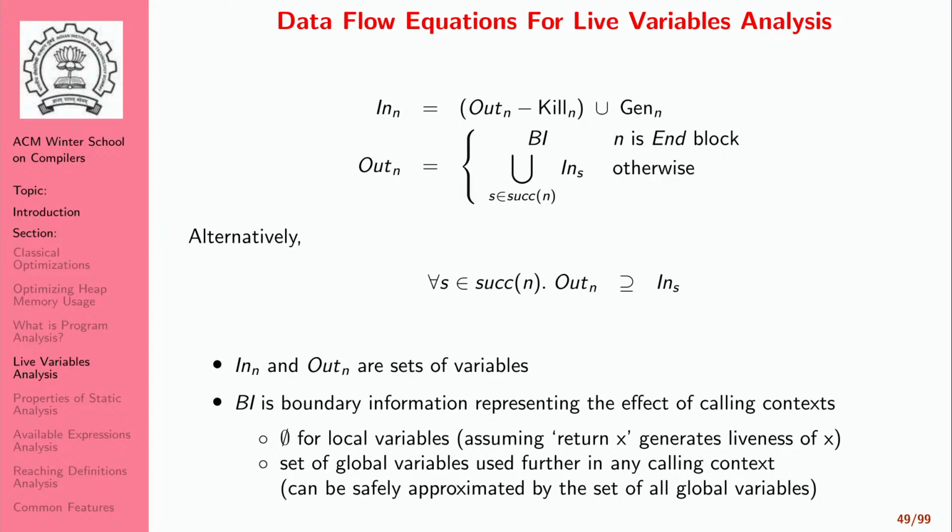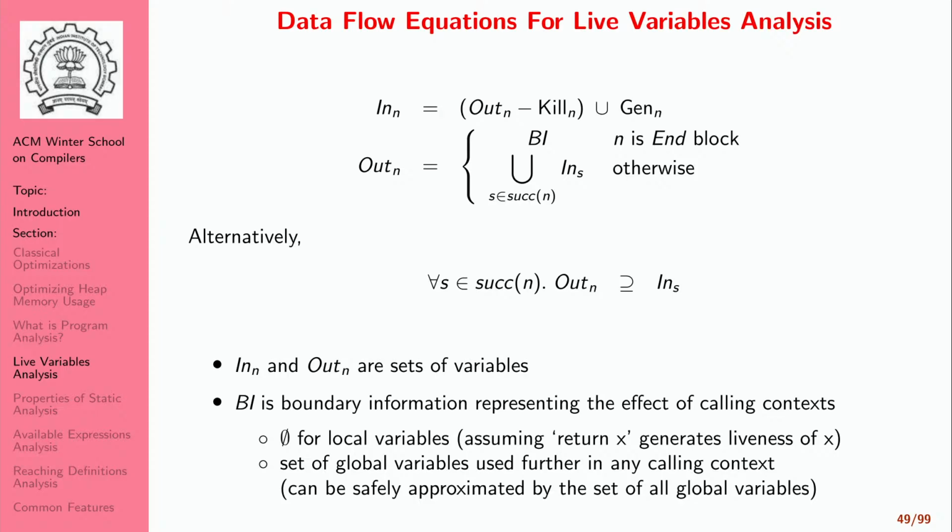This is just a system of linear simultaneous equations. Earlier you have solved equations like x is equal to y plus something, y is equal to x star something, and then you solve it. So you have done that. This is just a system of linear simultaneous equations, except that here the variables are not integers or real numbers, but these variables are sets.